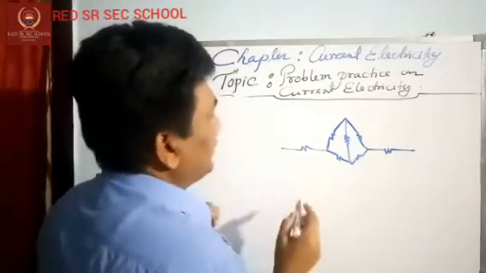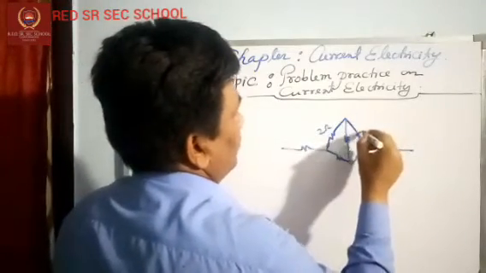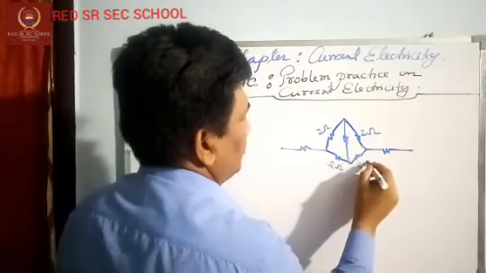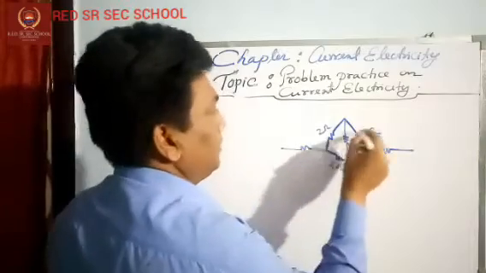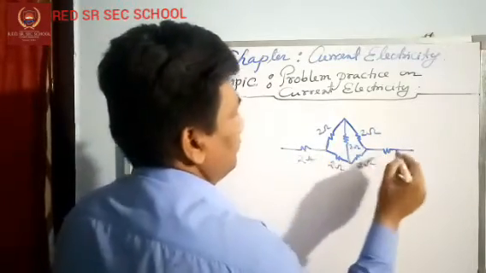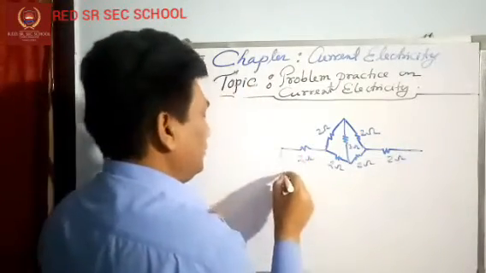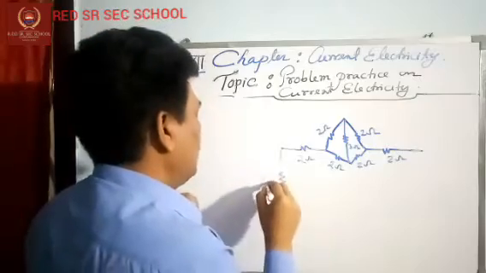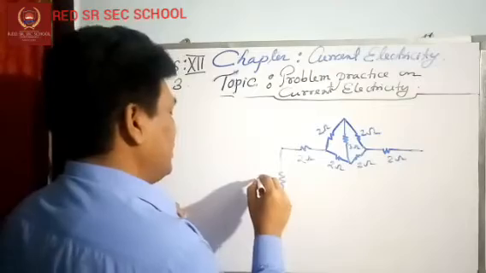Say this is 2 ohm, that is also 2 ohm, that is also 2 ohm, 2 ohm, 3 ohm, that is also 2 ohm, 2 ohm. Here another resistance is there, say 2 ohm. Just keep writing along with me.